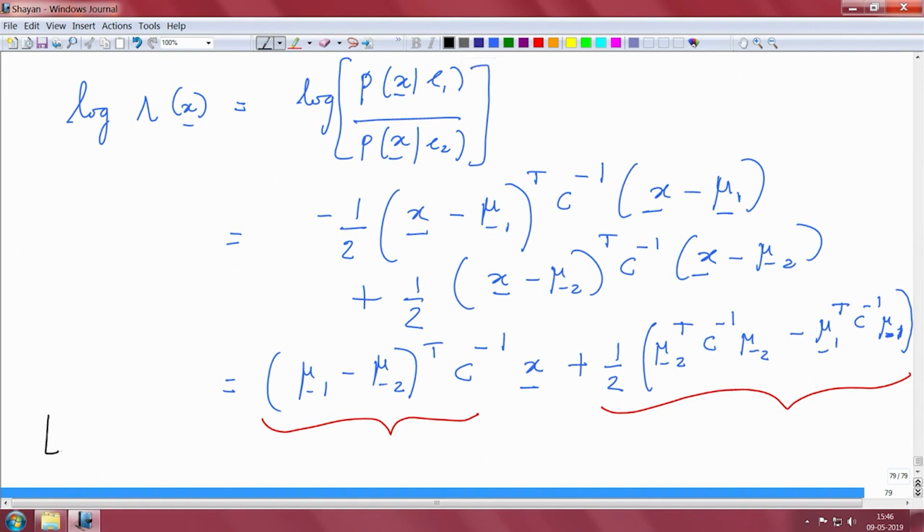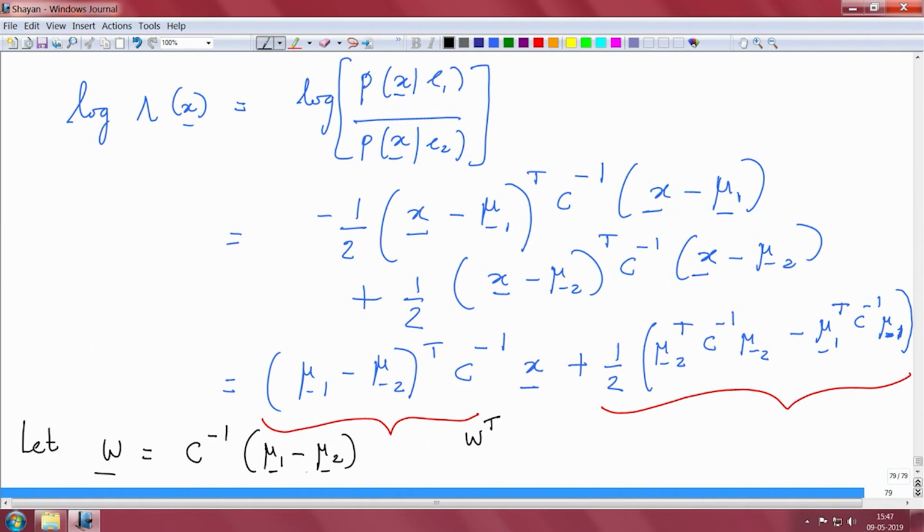So, suppose we let, so I will write it here itself. Suppose I say W equals C inverse times mu 1 minus mu 2. Then this quantity here happens to be W transpose.